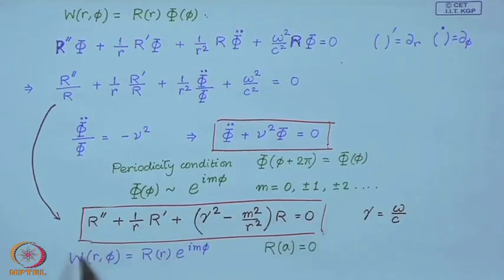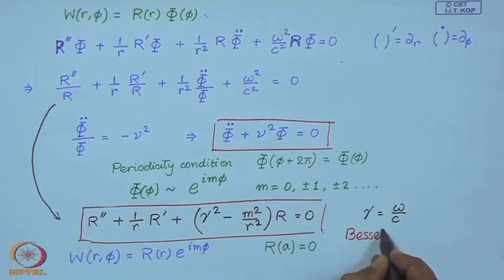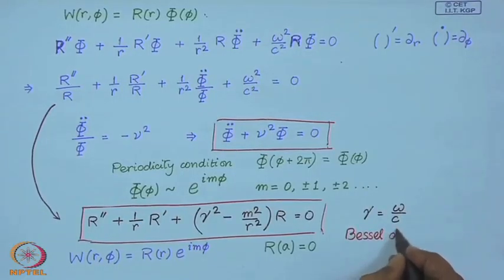So, this equation has to be solved with this as the boundary condition. Now, this is a second order ordinary differential equation, but we have only one boundary condition. Let us see what happens, because this is going to lead us to something interesting. This differential equation is known as the Bessel differential equation.